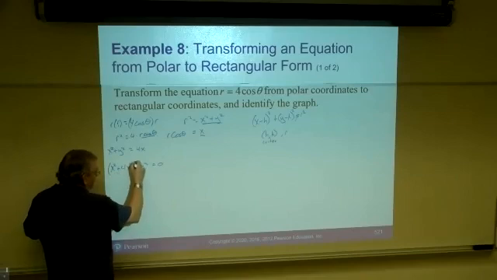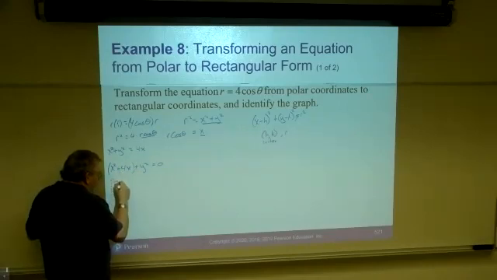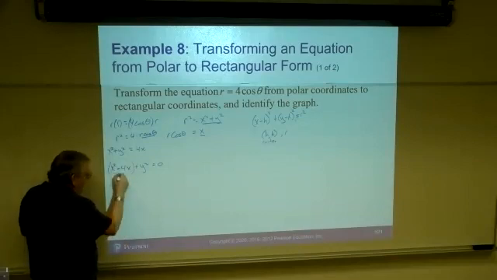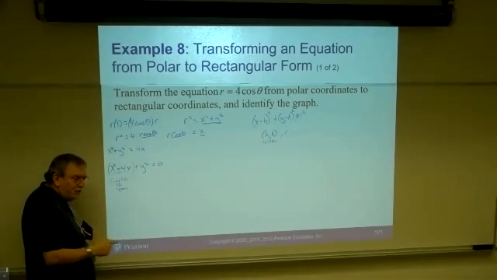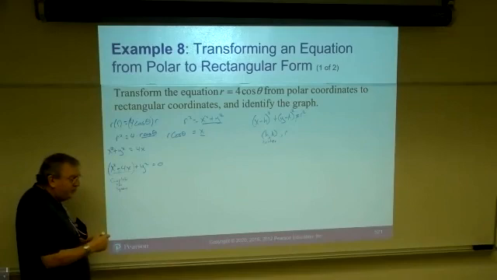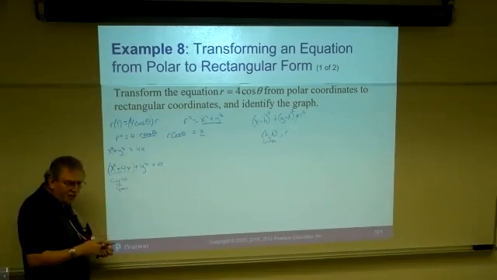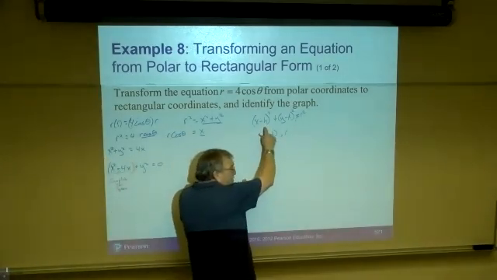So I'm going to group these together, the x squared and the minus 4x, and I'm going to complete the square. So I want to turn this into a perfect square trinomial, where I can factor quite nicely, because a perfect square trinomial is a binomial that's been squared.